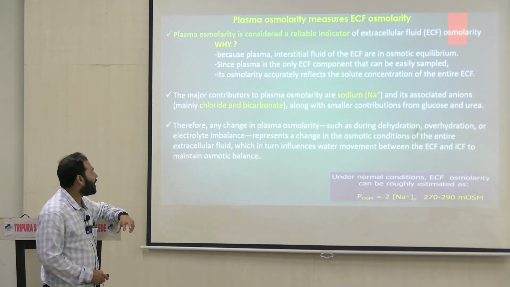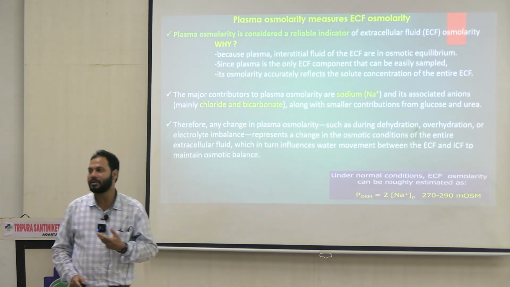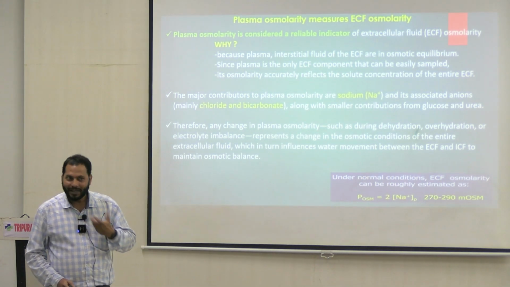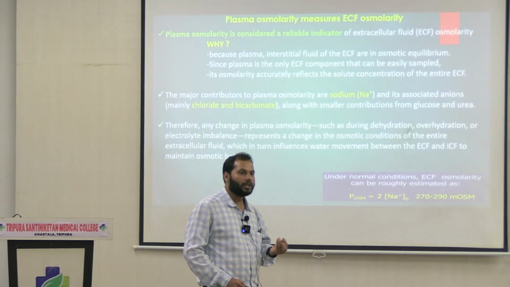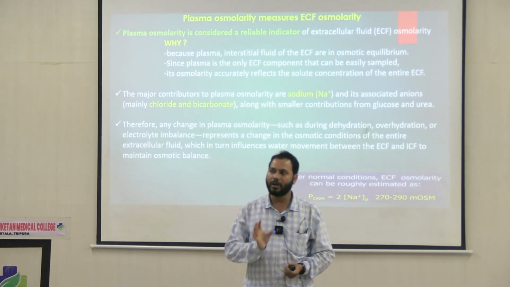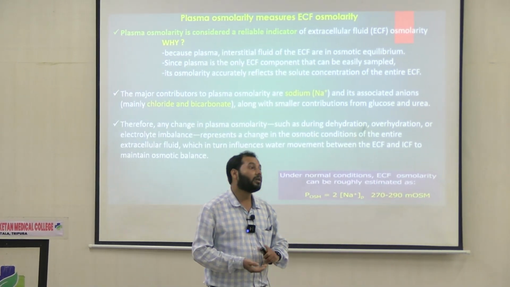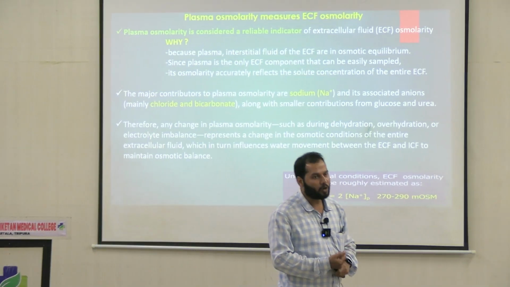So here, as it is easy to sample, I mean the plasma sample is easy to take, the test using this plasma sample determines the overall osmolarity, the overall concentration of solute present in extracellular compartments.